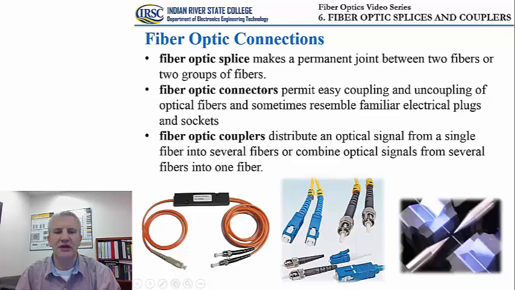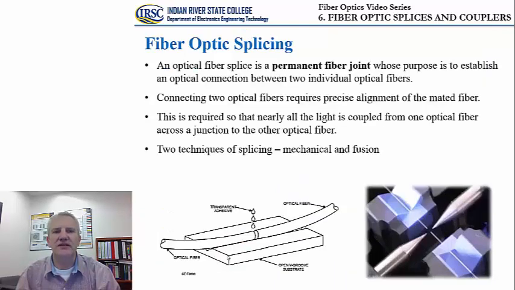In other words, the signal would be split from one single optical fiber into two optical fibers, or in the case of a combiner, the two ports on the right side would act as inputs. So we'll have 2 optical signals coming through each of these ports and then being combined through the coupler into one single output.